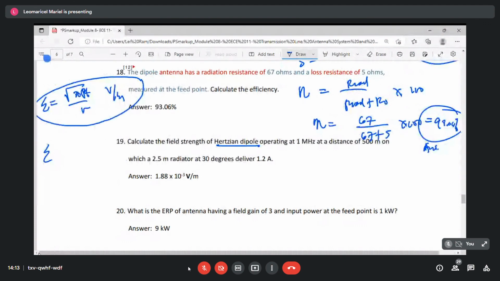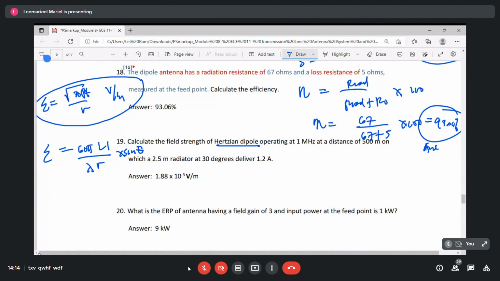Pag specific at sinabing Hertzian dipole, so may formula yan na 60 pi Li over lambda R times sine theta. Okay, so kasi yan ay mga radiator lang. So ano yung L?